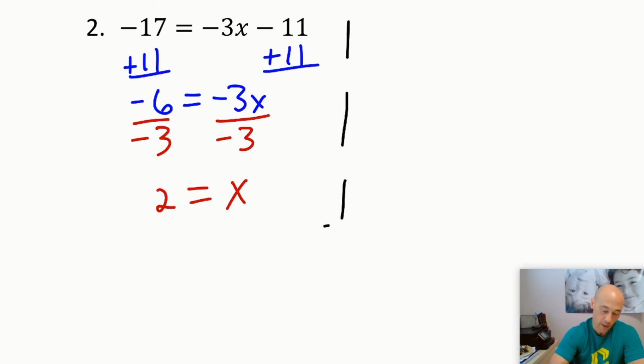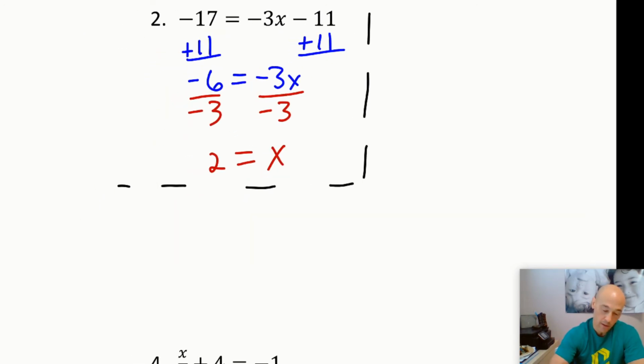And now we can check that, and we're going to plug our solution 2 into the original equation. So we have negative 17 is equal to negative 3 times 2 minus 11.